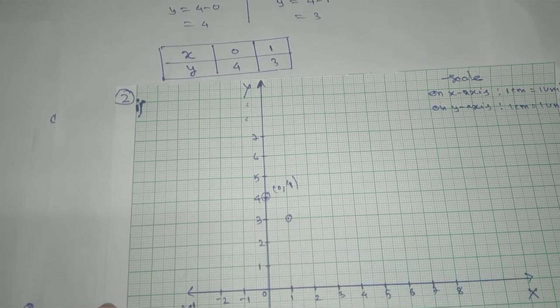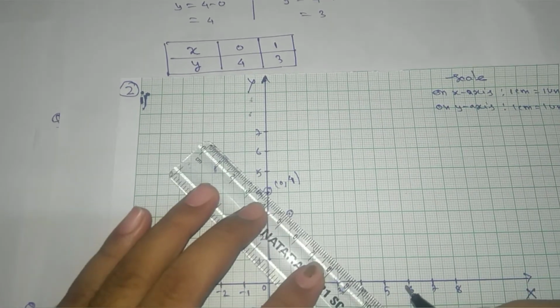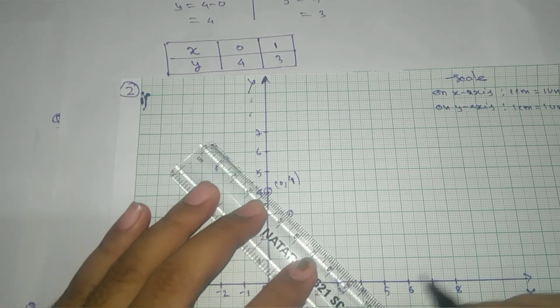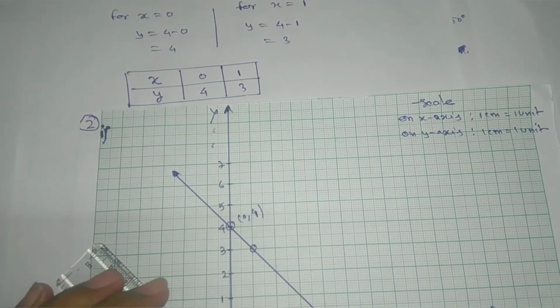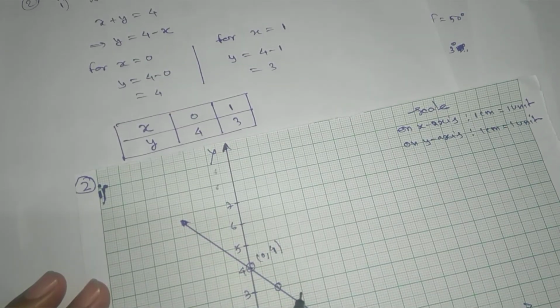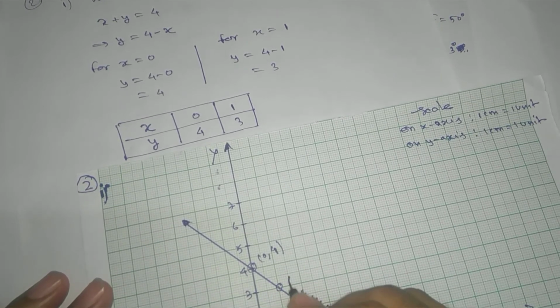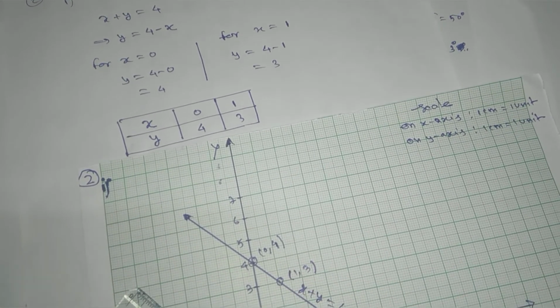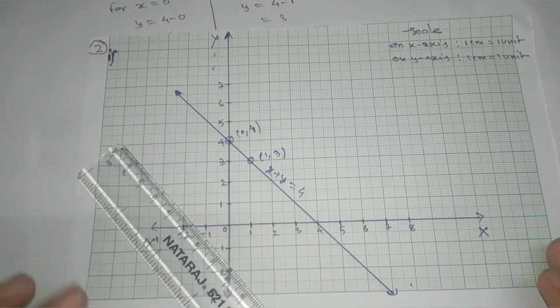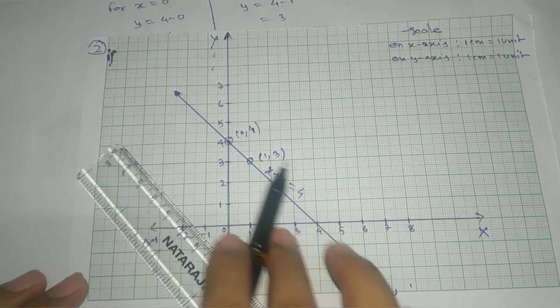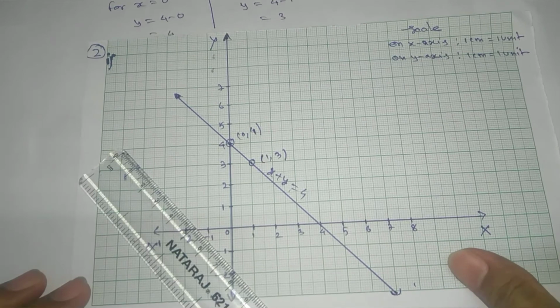This is your point. So here we have 2 points. Adjust here and draw the line. This is your solution. Write this like this: x plus y equals 4. And here you mention this is your 1, 3. This is the first solution. Represent it like this. Write the line equation. Okay. Next one.